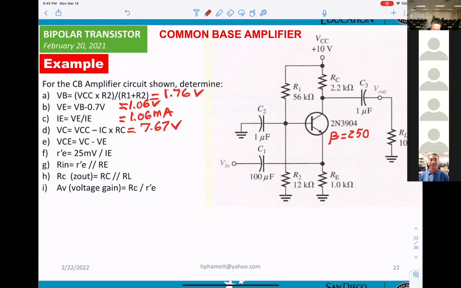Okay, next one, VCA. Easy, I can give it to you. VCA will be 6.62. R prime E, 23.58. RE, 2304.